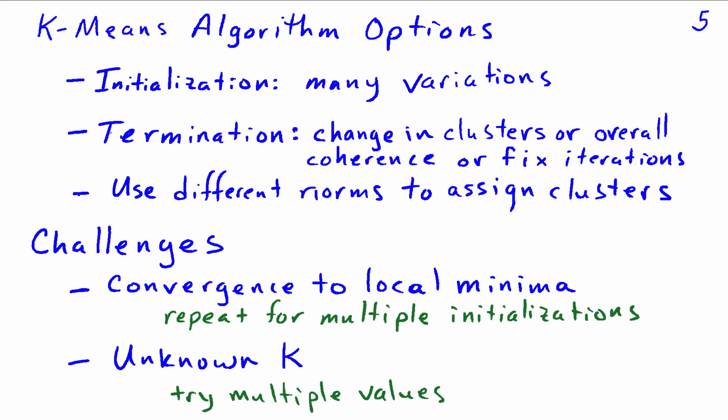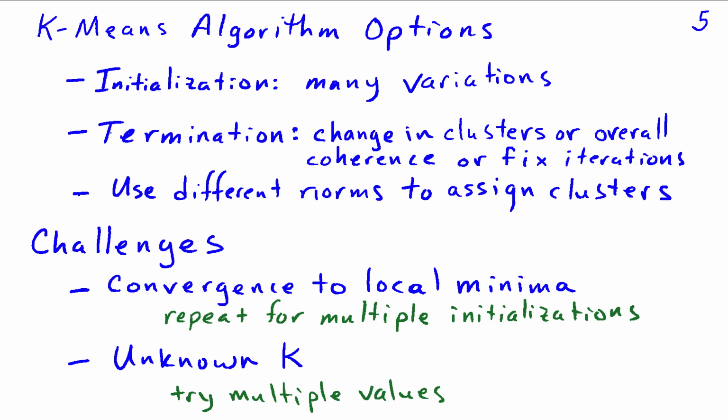One strategy that people use to minimize the chance of getting a suboptimal solution is to repeat k-means for many different initial guesses of the cluster centroids or clusters, and then pick the clustering based on the initial guess that led to the best overall metric, for example, the best overall coherence.